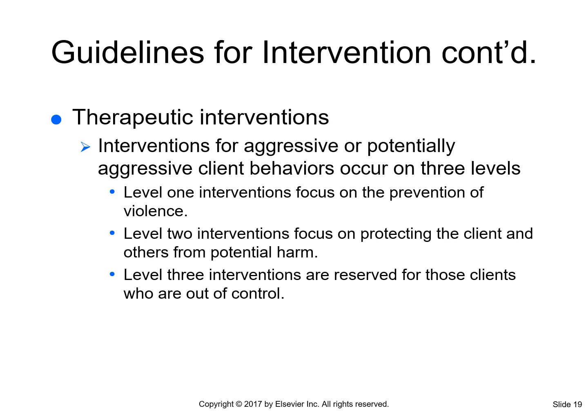Level 1 is when the interventions focus on the prevention of violence. Level 2, interventions focus on protecting the client and others from potential harm now. And level 3, the interventions are reserved for those clients who are now out of control.